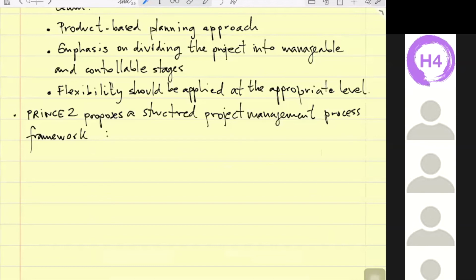Okay, 1, an organized and controlled start. So, for example, plan before you start.